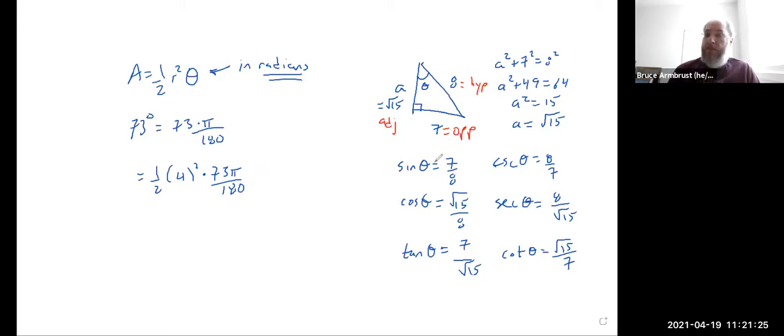A couple more things in general. Leave it as square root of 15, please. Do not write it as all the crazy decimals, because as soon as you put decimals there, you're approximating it. The square root of 15 is a number. It's no different than the number 2.